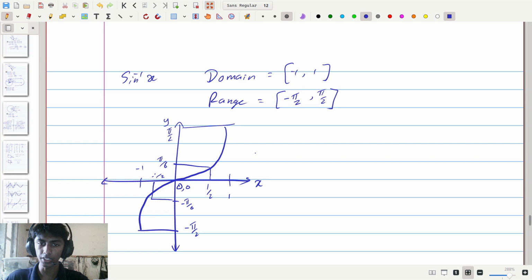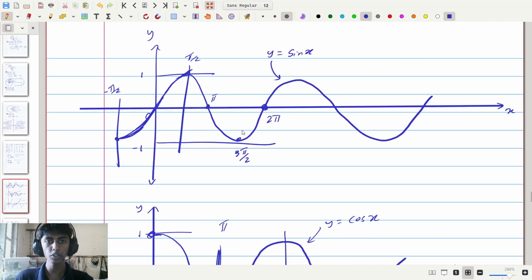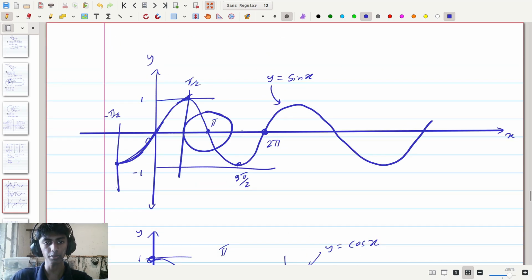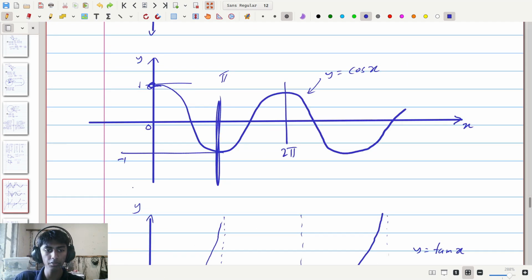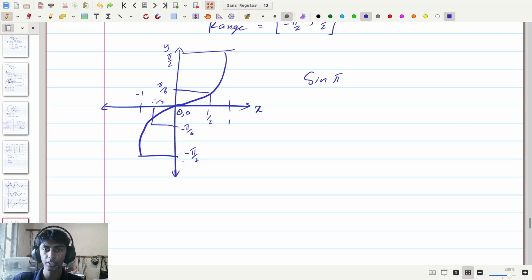If we consider sine of pi, you will recall from above that sine of pi was 0. However, if I take the sine inverse of this value, I will not get pi. Sine of pi is 0, but sine inverse of 0 would be 0.